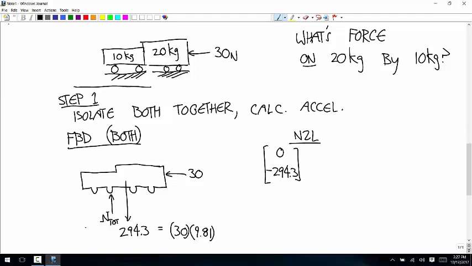What about this one that has a magnitude of N total, and it's acting straight up? Exactly, 0, and then positive N total because it's in the positive y direction. And what about that 30 that's pointing in the negative x direction? Yep, negative 30, 0.